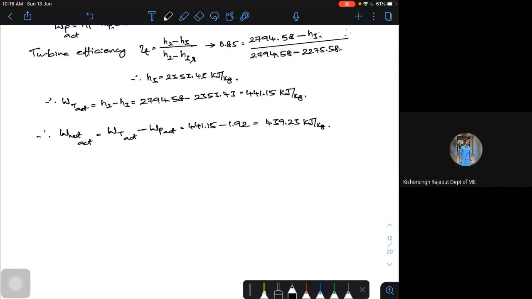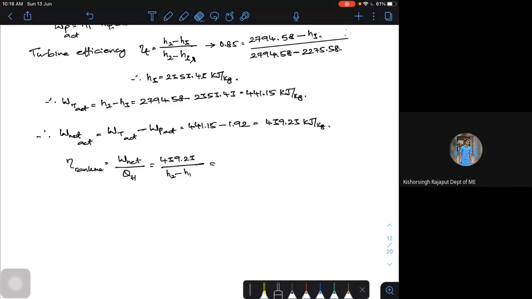The efficiency for Rankine is equal to your net work done by heat supplied. Net work done is 439.23. Your actual heat supplied is H2 minus H1.